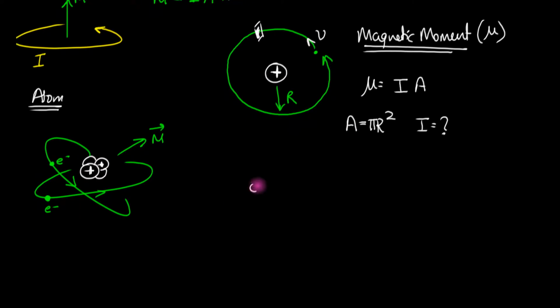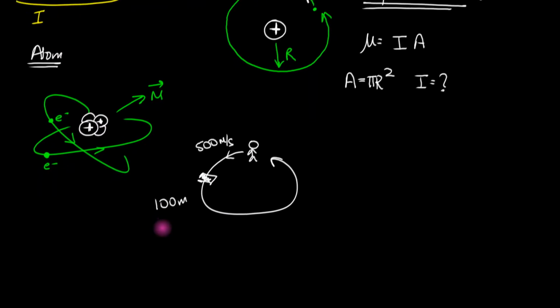Imagine there's a runner over here, and he's running around on a track, and the track is say 100 meters. And he runs at a tremendous speed of 500 meters per second. If I were to hold an area over here and ask you, how many times is he going to pass through that per second? Well, I'm pretty sure you know what the answer is.